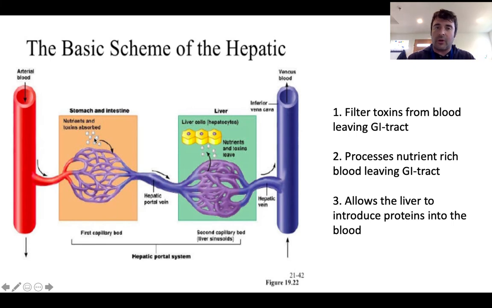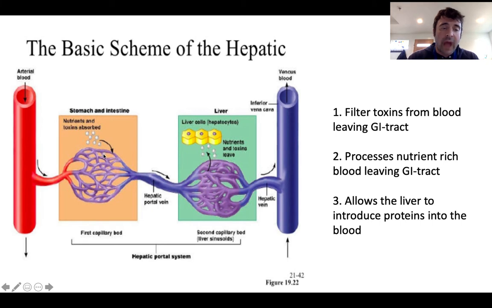So you eat something or you drink something, and things like glucose and amino acids and vitamins and minerals and water are being absorbed, and sometimes toxins and bacterial pathogens and whatever else is being absorbed because we're taking this stuff in from the external environment. And it's being absorbed into the blood vessel networks that line the GI tract, and specifically into those capillaries.